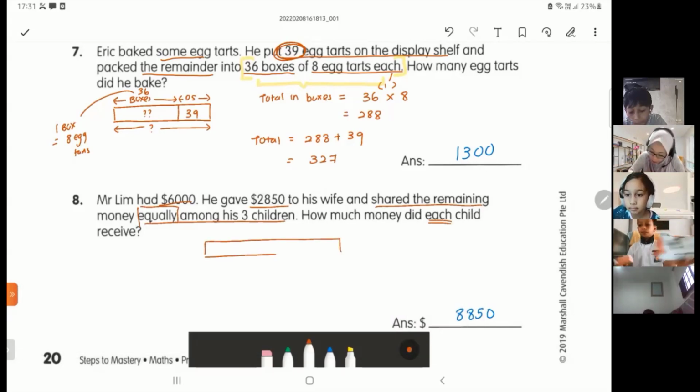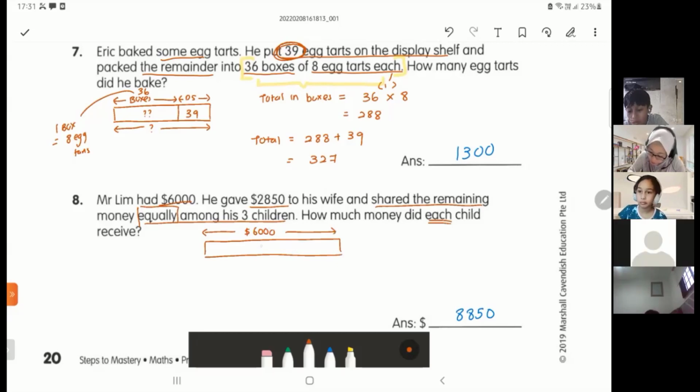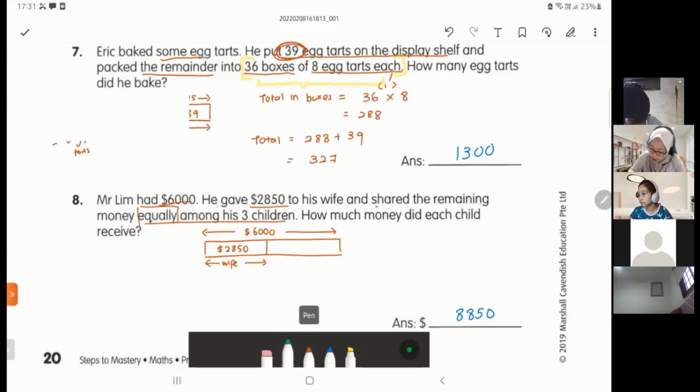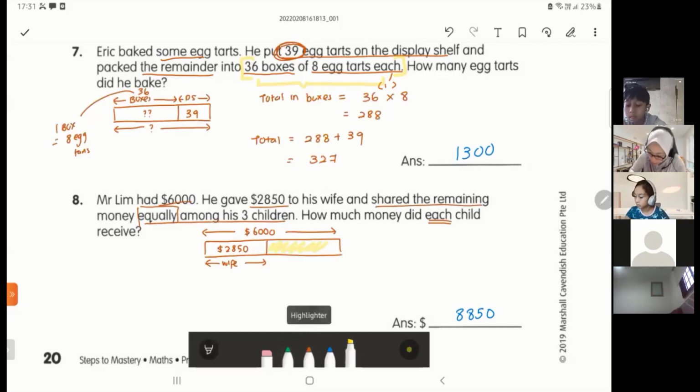This is everything that he has, $6,000. What happened? He gave some of it, so let's say about here, $2,850 to the wife. And then this is my remainder, right? The one I color in yellow is my remainder.